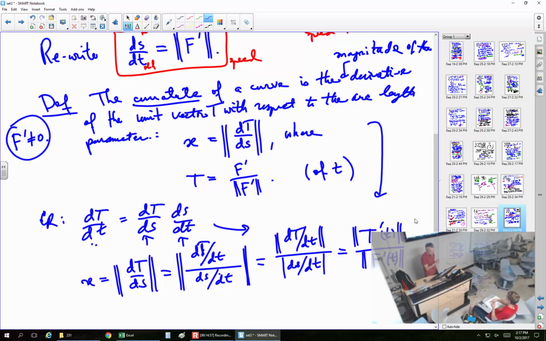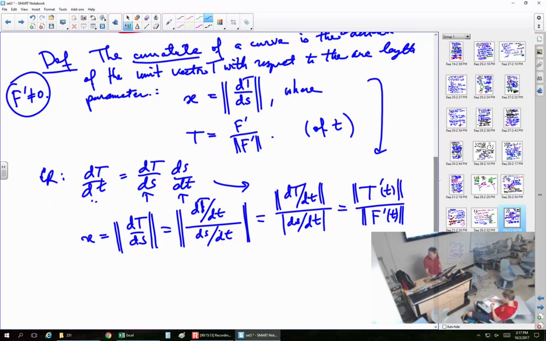So if you look at it, it is still the derivative of the unit tangent vector, but this time it is with respect to t, the original parameter, and all you have to do to adjust it is divide by the magnitude of the velocity. Let me write it out. So kappa of t is a real valued or numerical function of this.